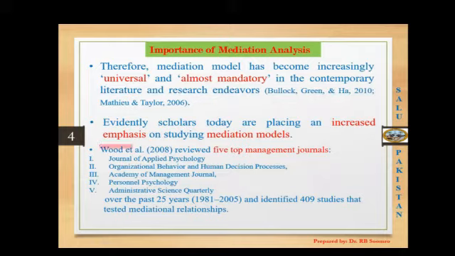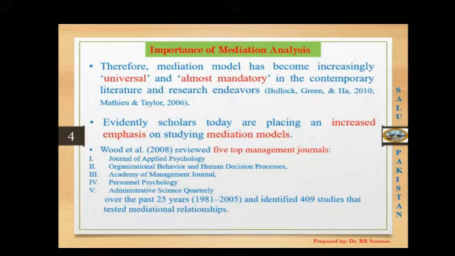Wood et al., in 2008, reviewed the top 5 management journals, and these are the names of the top 5 management journals. The time span was 25 years, from 1981 to 2005, and he found 409 research papers where mediation analysis was done. From this, it clearly shows how popular it is.